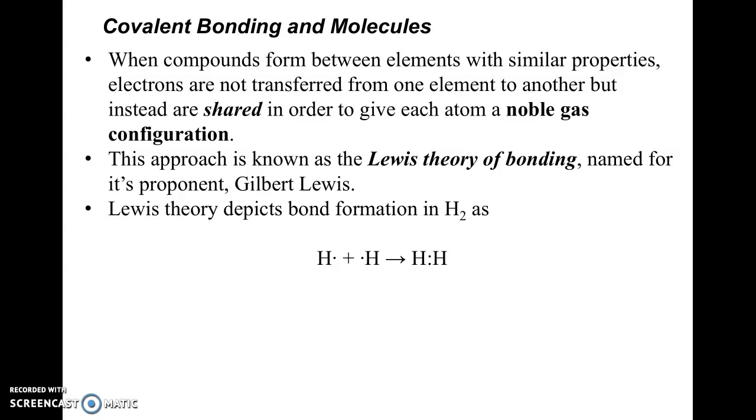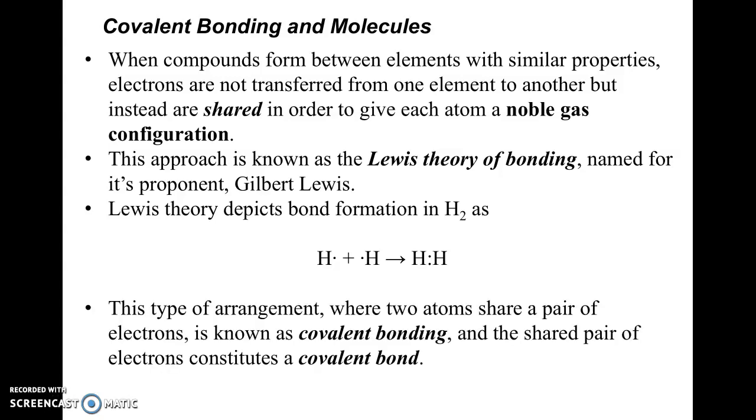And so if they share those, then each hydrogen sees two electrons in the 1s orbital, which would be a 1s2, and it would be a filled shell like helium. So the electrons are not transferred, but they are shared equally, and they both believe that they have achieved an isoelectronic nature with a noble gas.